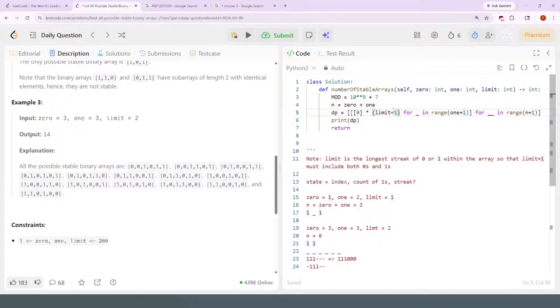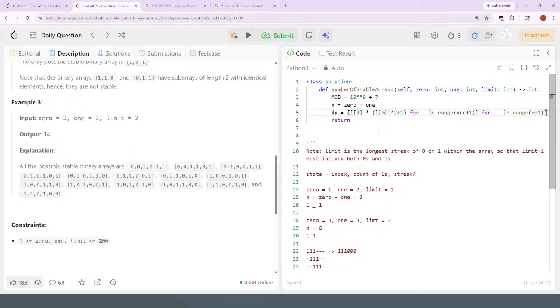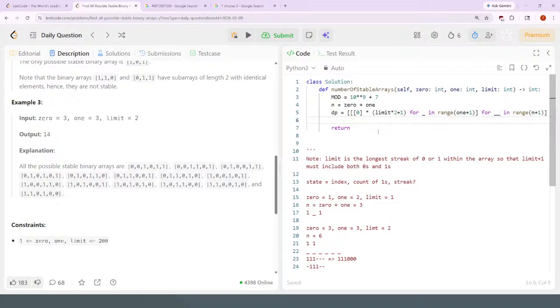Streak of 2 ones, streak of 2 zeros. Actually, that'd be limit times 2 plus 1. Okay. I'll make negatives be the streak of zeros and positives be the streak of ones.